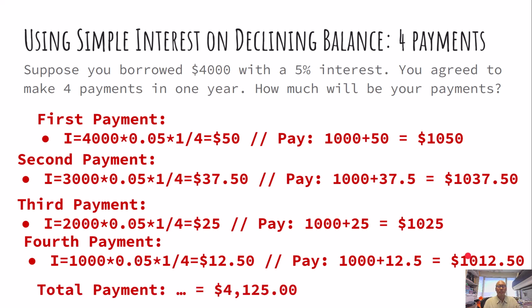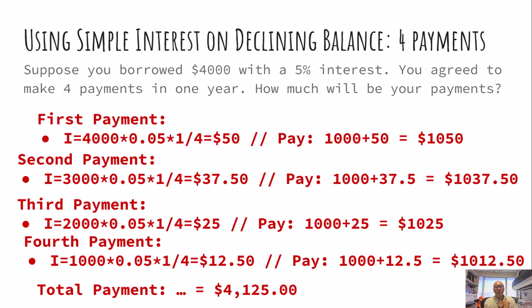And then if you put all this together, the total amount that you're paying is $4,125. Okay, so again, thinking back, we started off paying one time in the year at the end of the year.